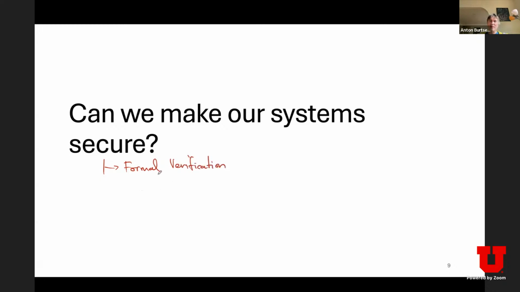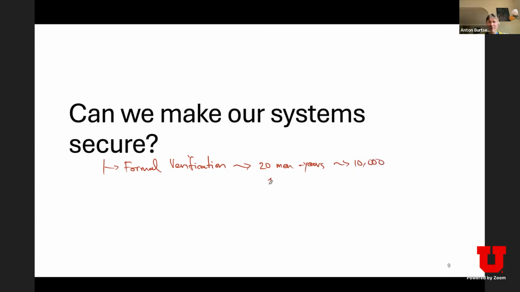And that's true, that's possible. Today we see tremendous advances in formal verification. It becomes easier and easier to do things. But verification used to take 20 person-years to verify 10,000 lines of code.